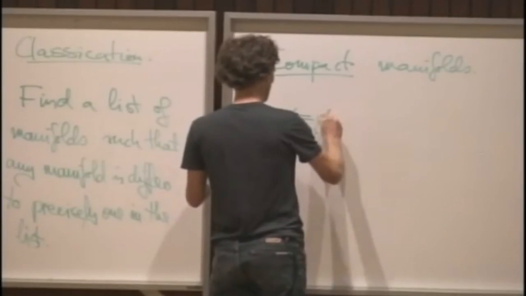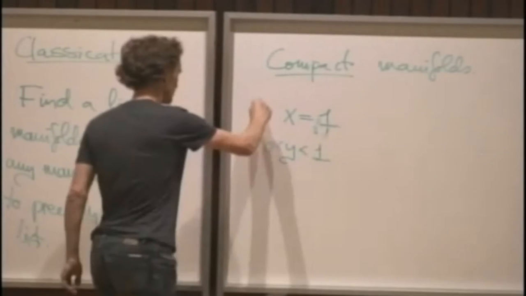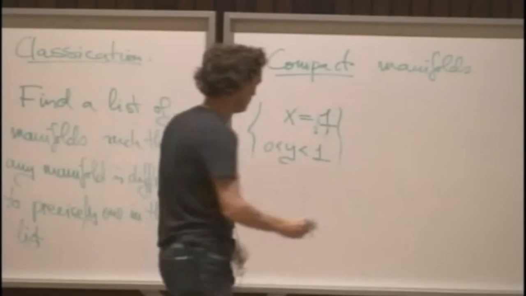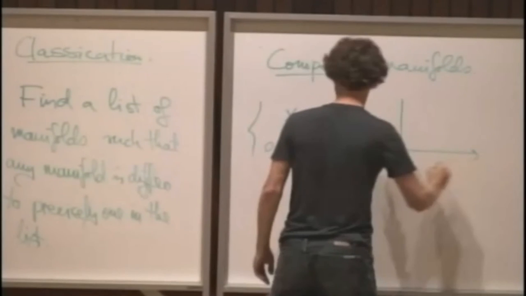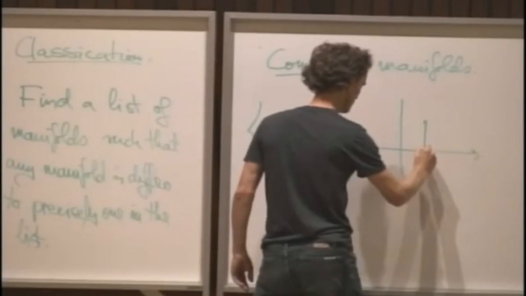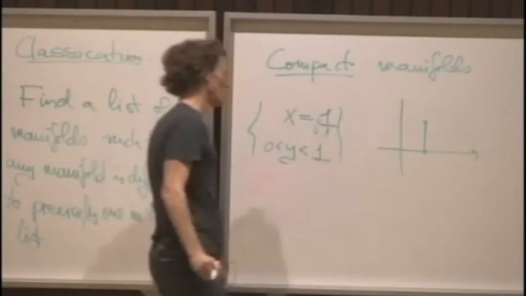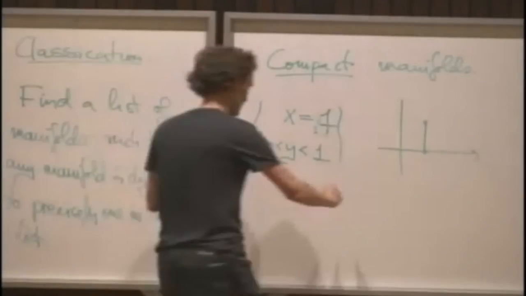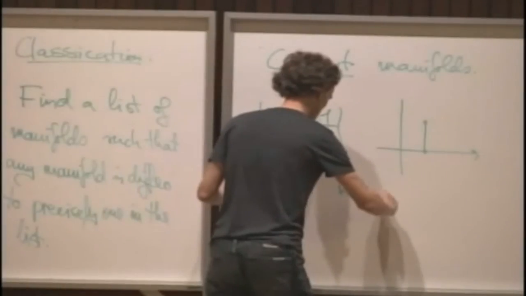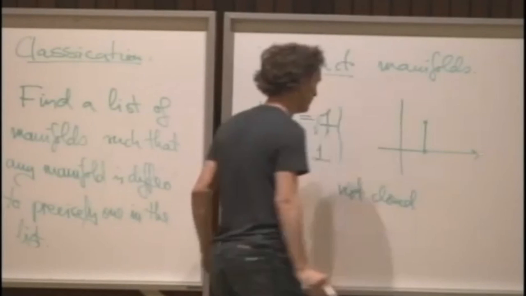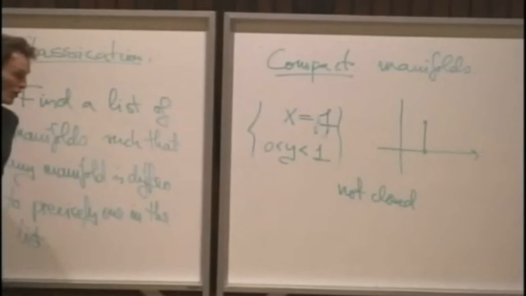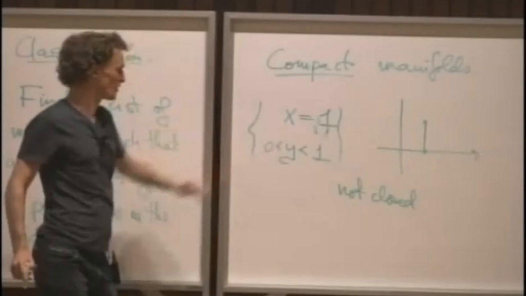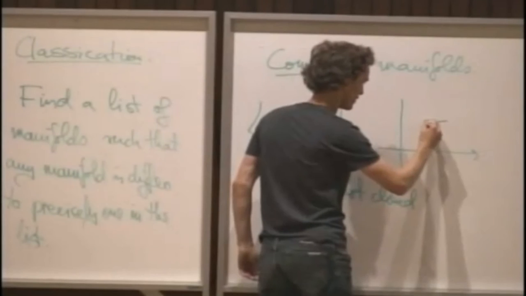This set of solutions, this is an interval. And it's not compact because it's not closed. So there are points that are not solutions, but there are solutions arbitrarily close. There's a point here.